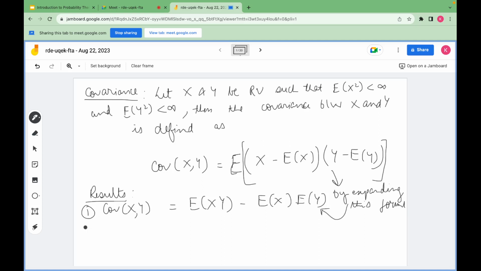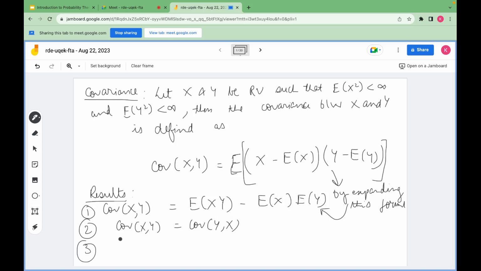Second, covariance between X and Y is equal to covariance between Y comma X. It is a quantity which shows how X and Y differ from each other, so it doesn't matter in which sequence we write these, the covariance will remain the same.